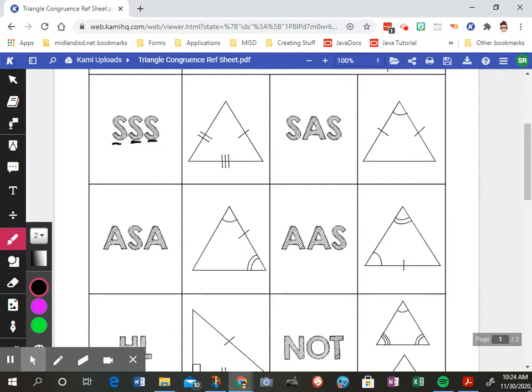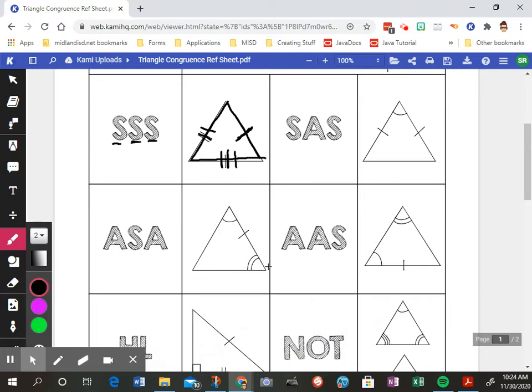Side, side, side means I have one side with one tick mark, one side with two tick marks, and one side with three tick marks.